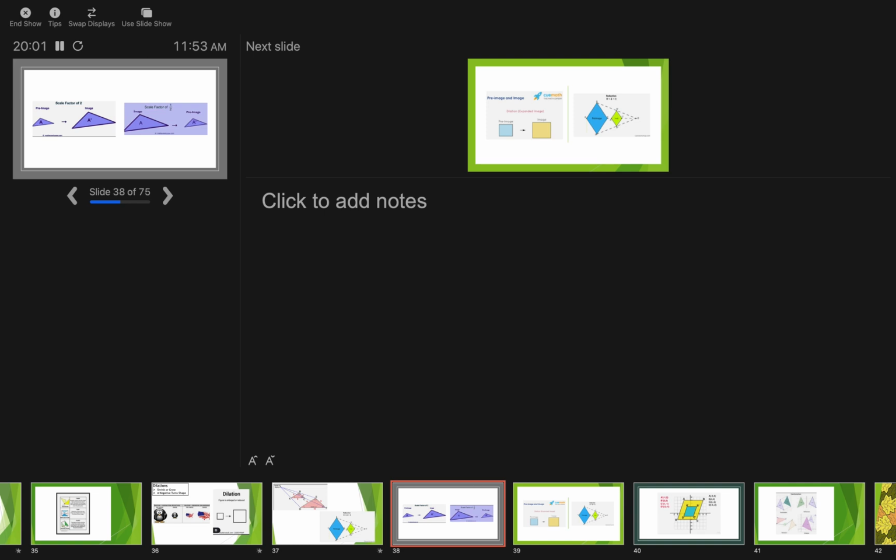Here you have it again, a dilation with the pre-image, the blue, I guess they're squares, becoming the yellow or gold or russet square. Notice it's getting bigger, so that would have a scale factor greater than 1. And as we mentioned before, with the example of the blue to green, that is a factor between 0 and 1.